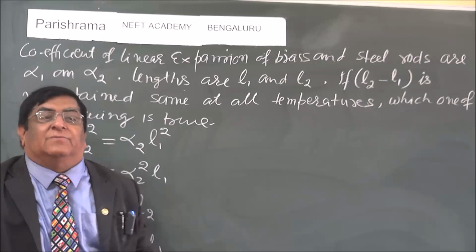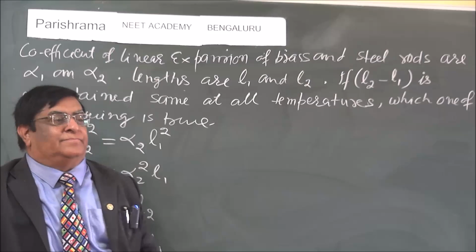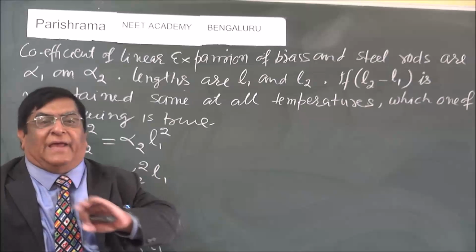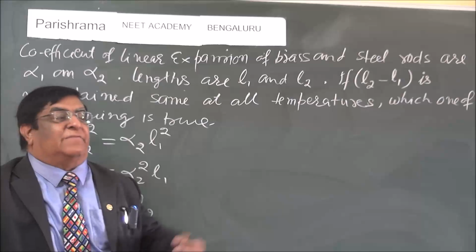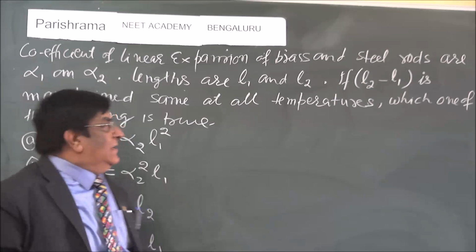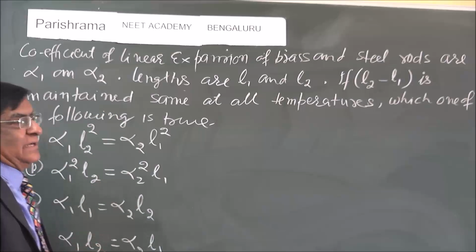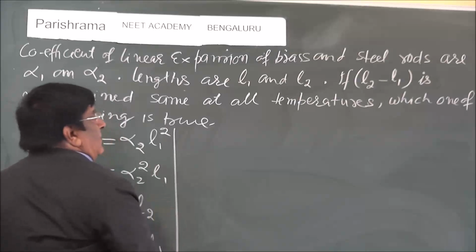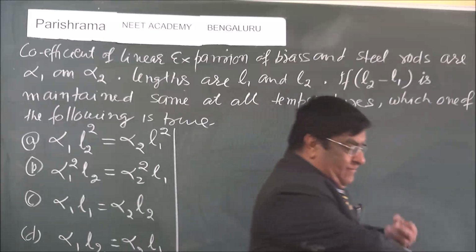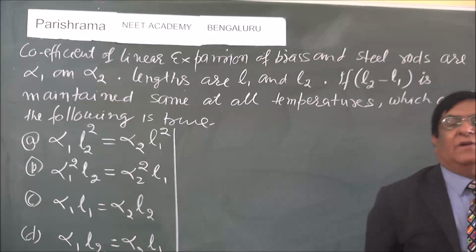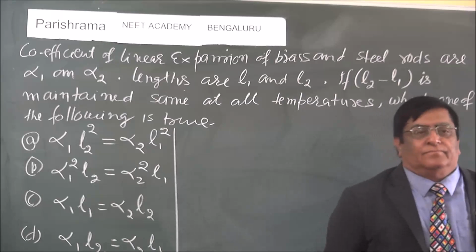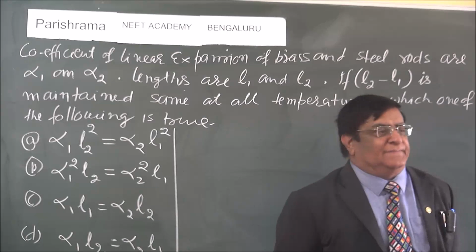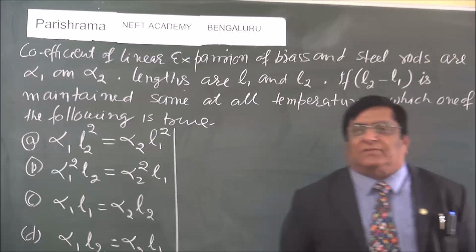But what he says is, the difference between the two remains the same, whatever the temperature. Then which of these relations is true? This we have to find out. Okay, so what is the relation given to us? How will you make an equation in this? Equation in this, think.